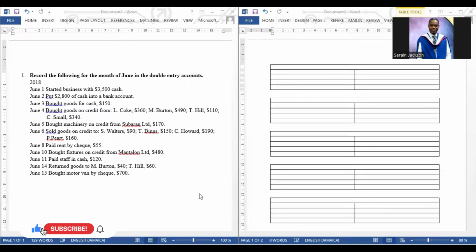Also, an important point to remember is that for assets and expenses accounts, in order to increase them, you make a debit entry, and in order to decrease them, you make a credit entry. For capital, liabilities and revenue accounts, it is the opposite. In order to increase them, you make a credit entry, and in order to decrease them, you make a debit entry.